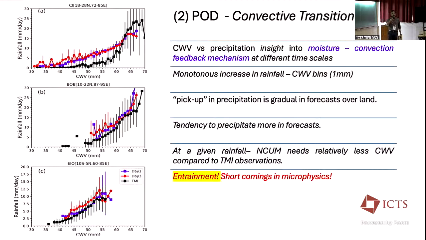So yes, there is scope in every parameterization, like I talked about the convection. Even the boundary layer has scope for improvement. If you have a better coupling between the land surface and the boundary layer, then you will have a better representation of convective diagnosis.